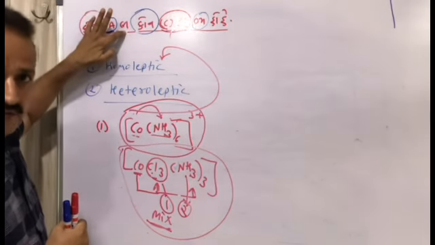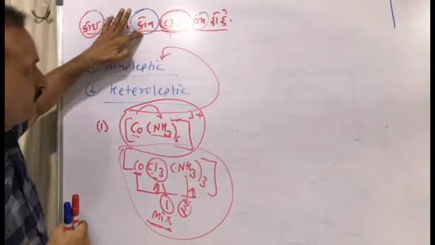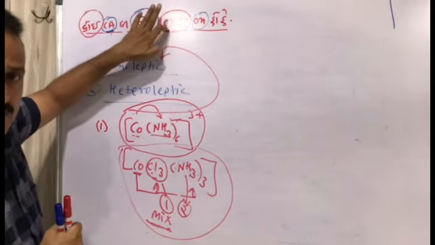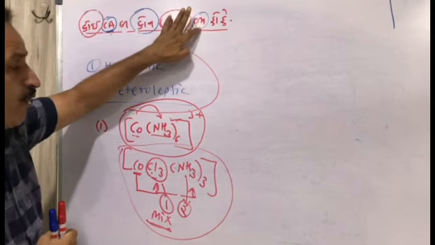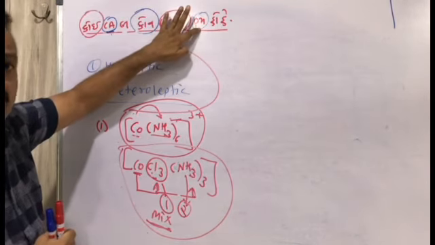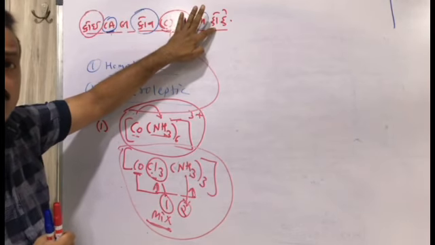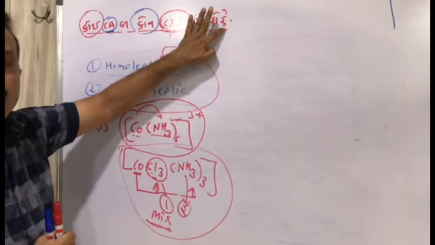L means ligand. CN means coordination number of the central atom. CS means coordination sphere. CP means coordination polyhedron. ON means oxidation number of the central atom. Ho means homoleptic coordination compound. And He means heteroleptic coordination compound.